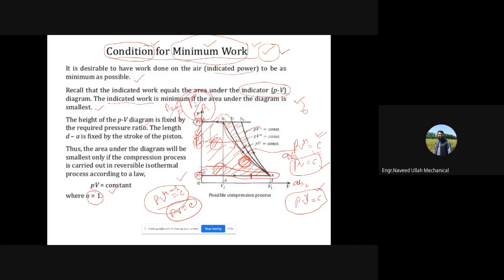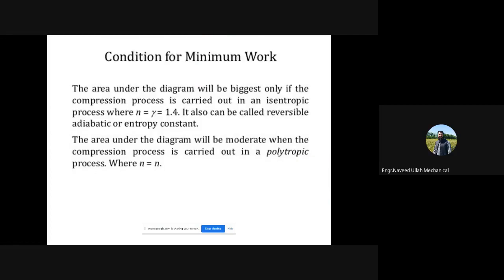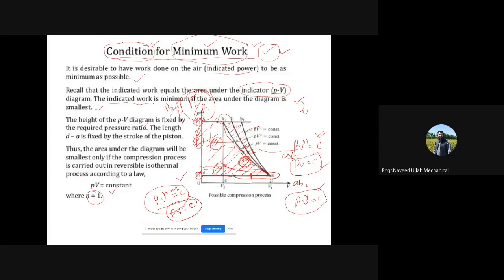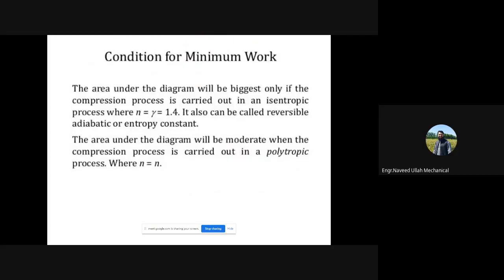So that is the condition for minimum work, right? They are also explaining that the area in the same diagram, they are referring to this indicator diagram, the area under the diagram will be biggest only if the compression process is carried out in the isentropic process, where n is equal to 1.4.